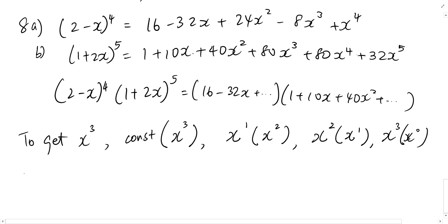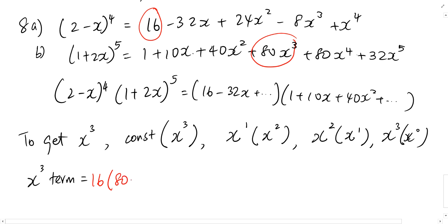Alright, so we say coefficient. Let's write down the x to the power of 3 term. Equals, first one, constant times x to the power of 3. Where is that? Constant, x to the power of 3, right? So 16 times 80x cubed. That is my first option. What's my second option? Negative 32x and 40x squared.